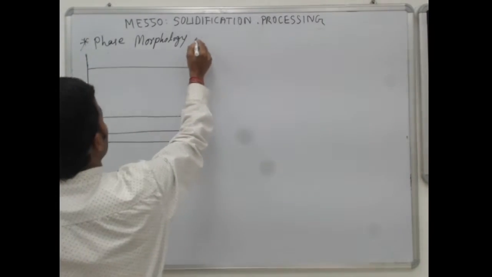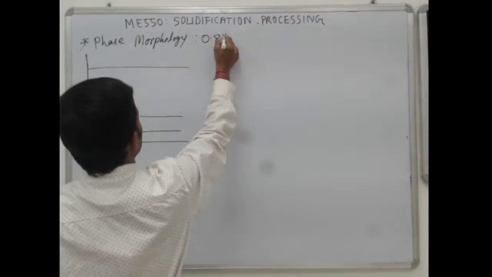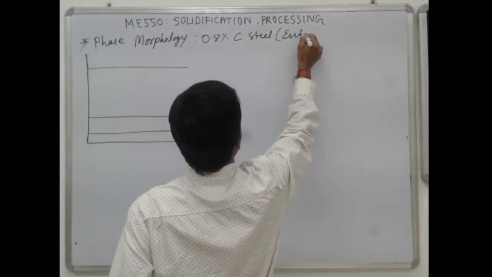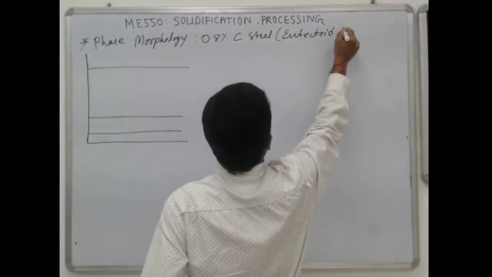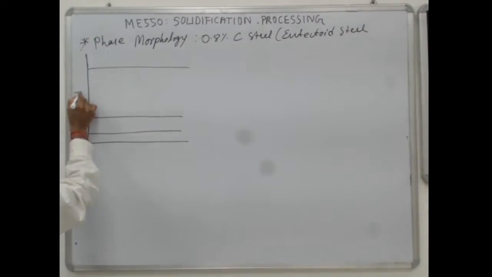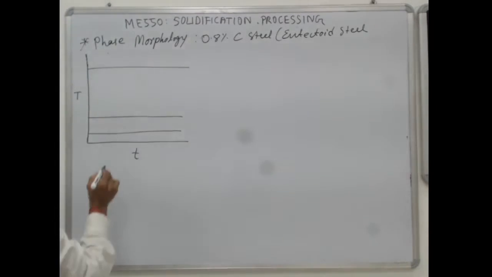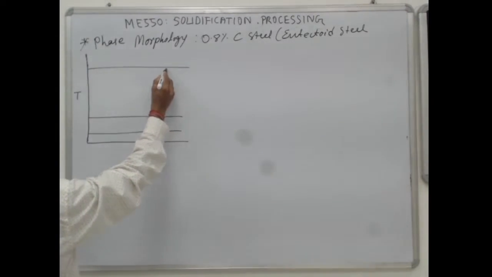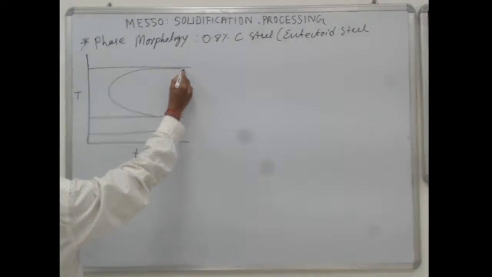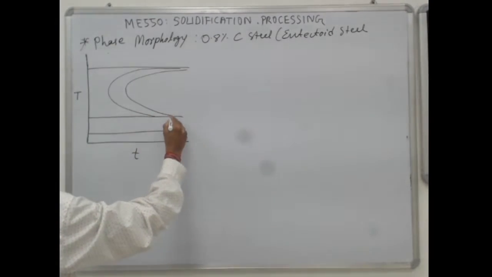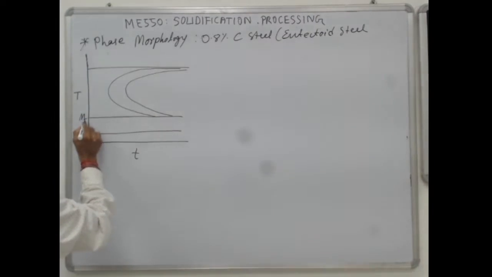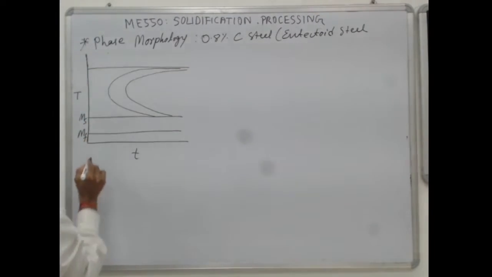So we are considering, say, 0.8% carbon steel, which is eutectoid steel. For eutectoid steel, the temperature versus time diagram would be something like this, and this temperature is the martensitic start temperature, this is the martensitic finish temperature.